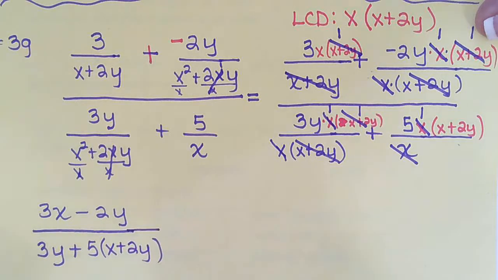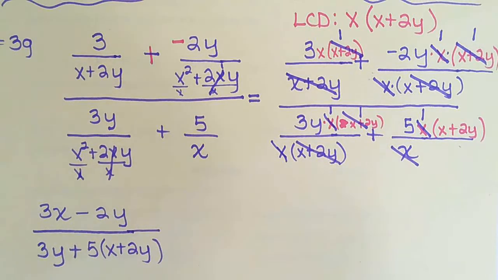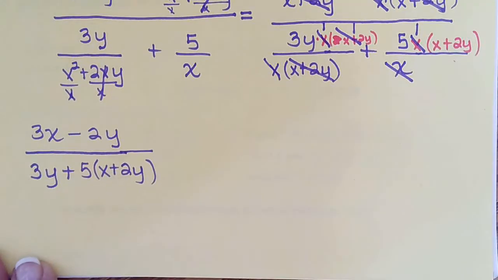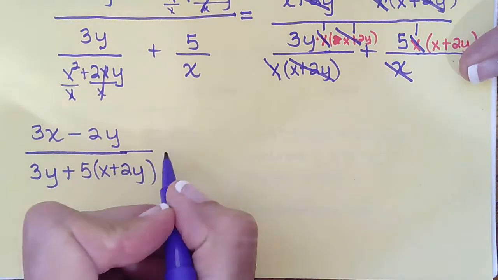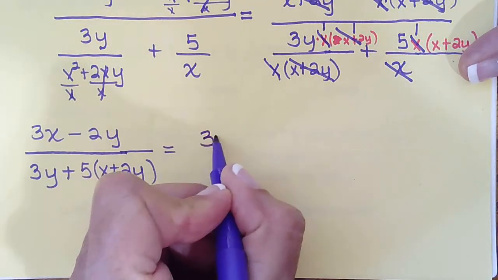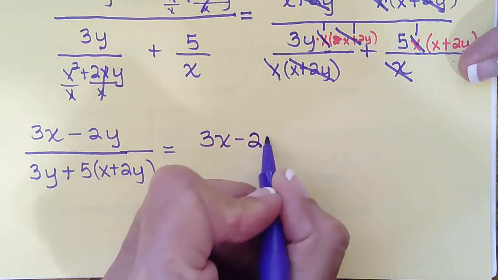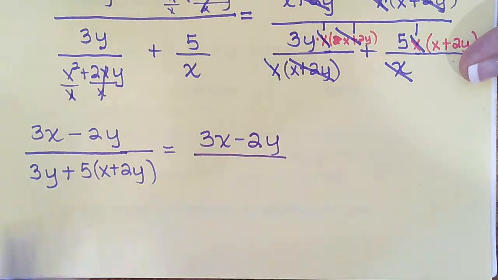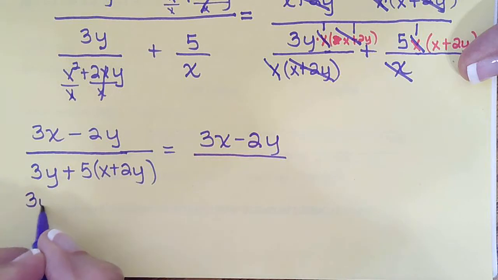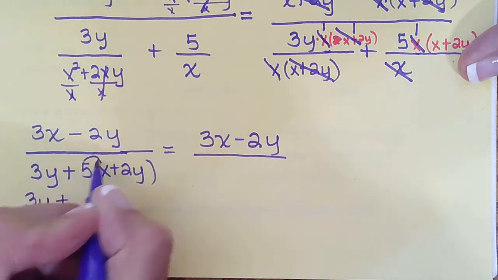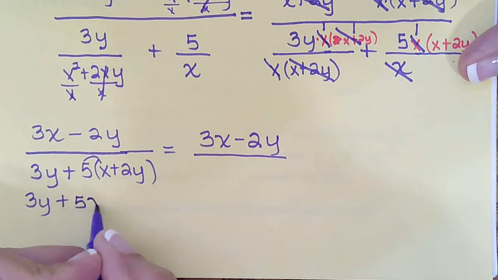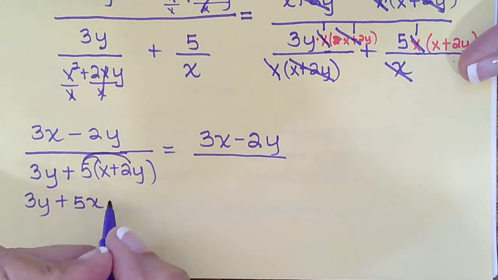So it looks like the only work we need to do is distribute and combine like terms. And then look for factoring if there is any. So in the numerator, there's definitely no factoring, nothing common, no exponents. So let's go ahead and do this one underneath. 3y plus 5x plus 10y.